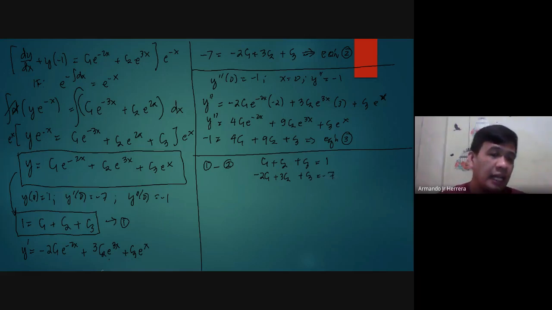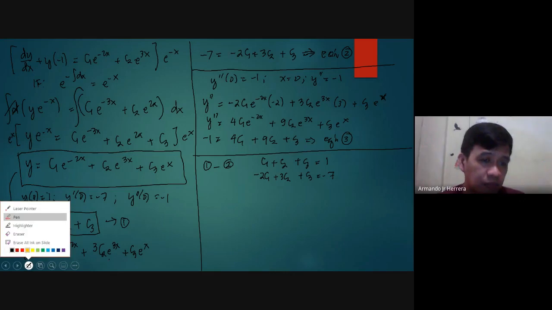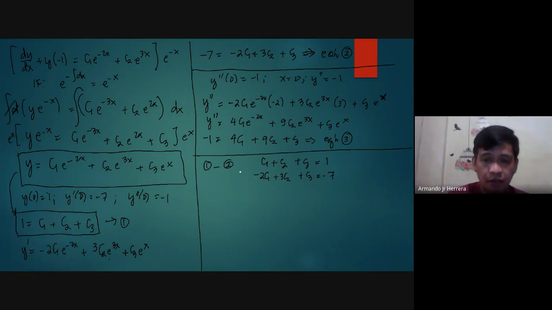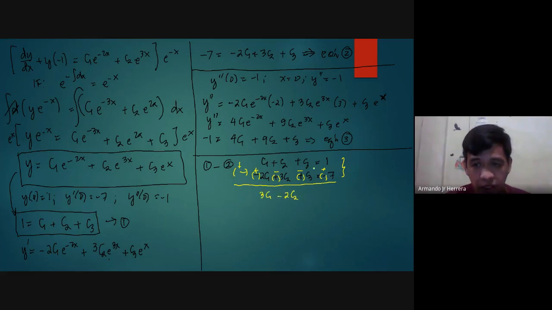So when we subtract the two equations, change the sign, change the sign, change the sign, and proceed to that of addition. So what remains is 3c1 minus 2c2, so this cancels out, is equal to 8. So we have equation 4.